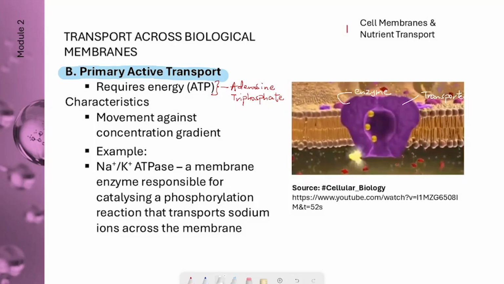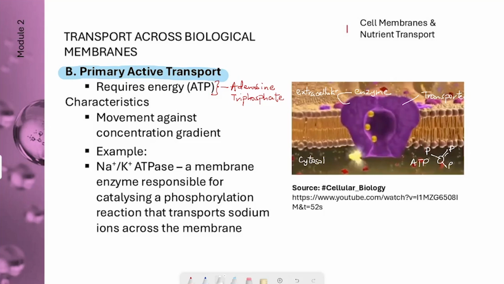How does it work? You remember that this is the extracellular side of the membrane, and this is the intracellular side, or cytosol. In the cytosol, you have ATP, and usually ATP has 3 phosphates.